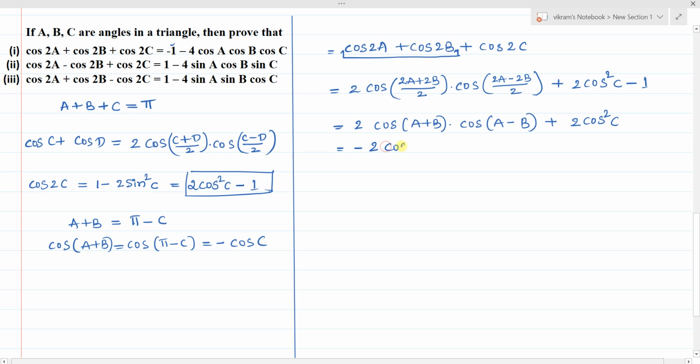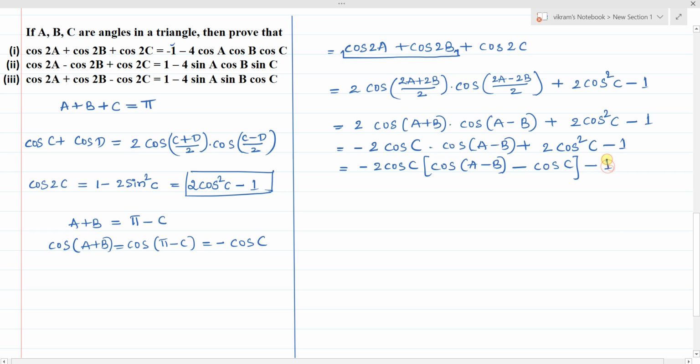Then we can write this as minus 2 cos C into cos of (A minus B) plus 2 cos square C minus 1. Now if we take minus 2 cos C as common, we can write this as cos of (A minus B) minus cos C, and then the minus 1.